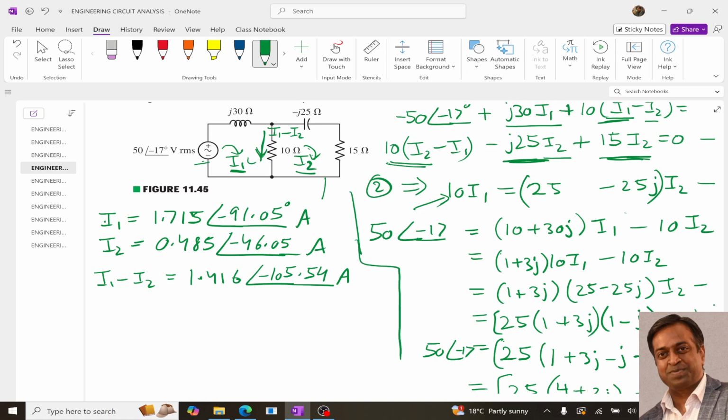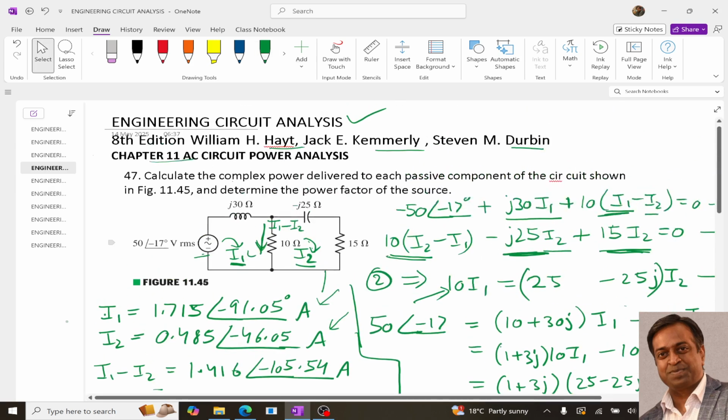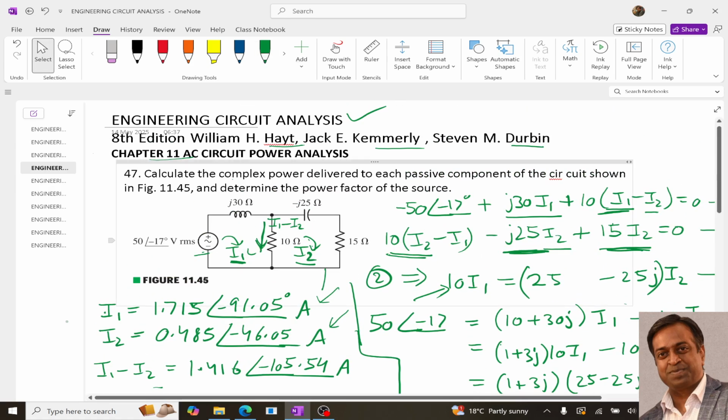So to get the I1 minus I2, first of all you need to convert this into the complex form, means A plus Bj, and then you will subtract the two complex numbers, and then after getting the result of the subtraction, again you need to convert that complex form into the polar form to get this answer. Now once we get this I1, I2 and the current flowing through this 10 ohm, now you can see that the current flowing through this is I1.